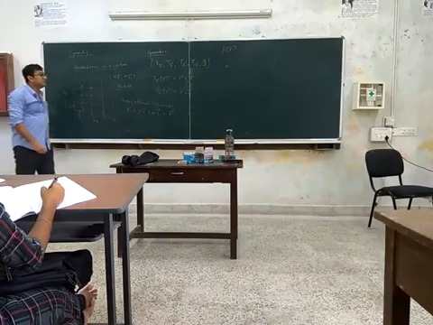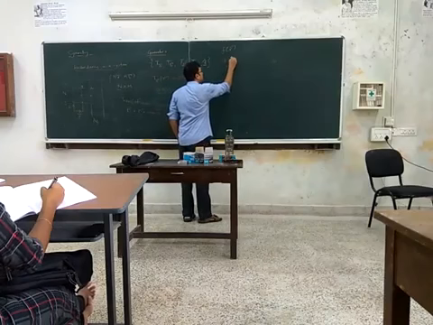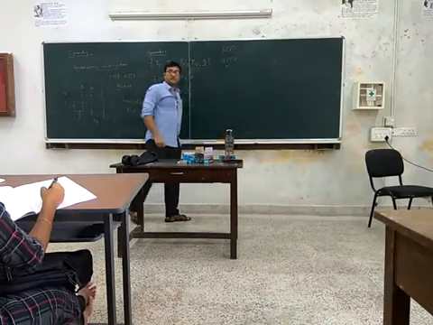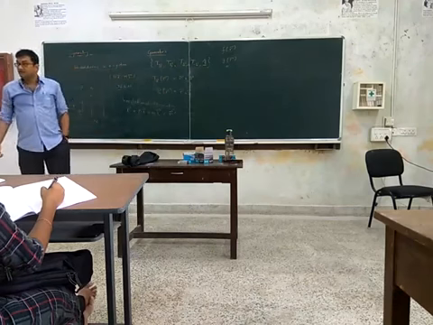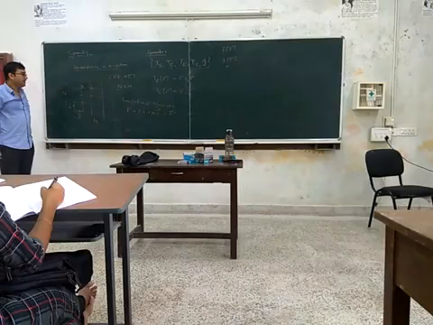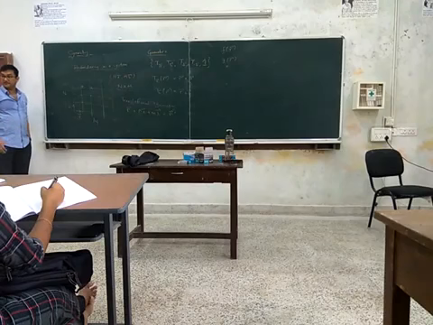So for instance, how would I describe the state of the system? I would describe it in terms of some wave function, right? And this wave function has to have the same symmetries as this lattice.